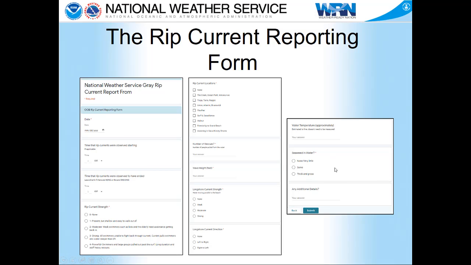So discussing seaweed, whether it's kind of thick and dirty or if the water is clean and nice. We believe that will have an impact on the number of swimmers, so we're trying to gather that information so we can try to quantify kind of which rip risk leads to the most rescues and swimmers all combined.